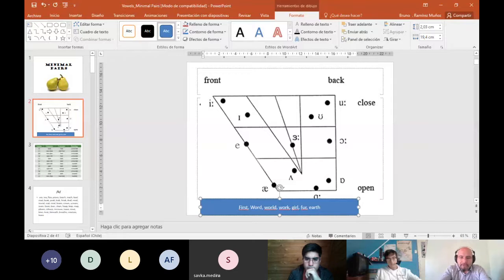You can say earth. World. So this is another problem. As you can see, first does not exist in Spanish, right? So you have to learn it. Second problem.